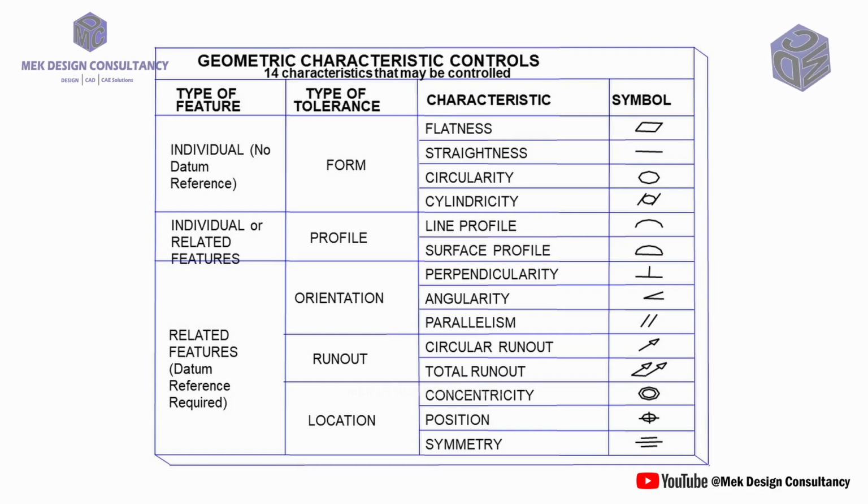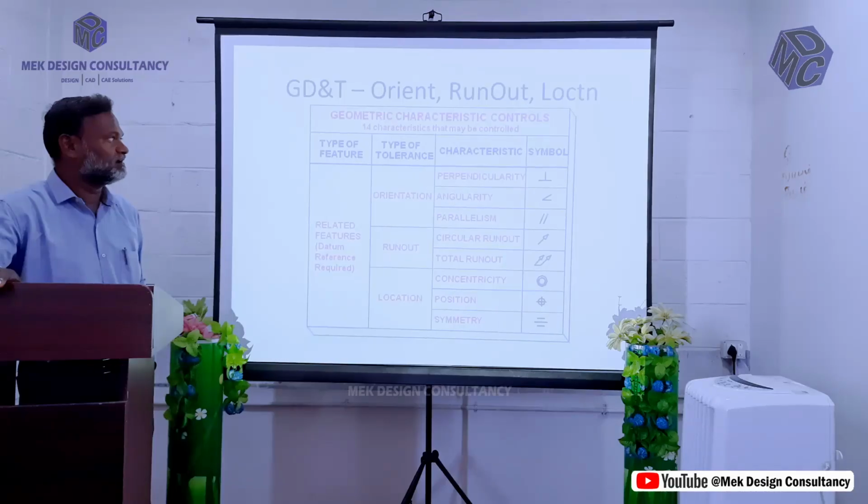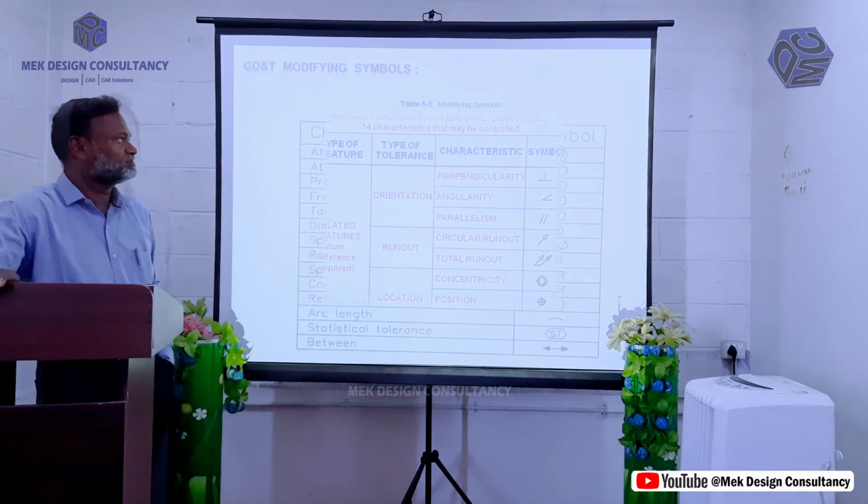Types of tolerance are orientation tolerance, runout and location. Orientations may be perpendicularity, angularity and parallelism, and runouts may be circular runout and total runout. Then the location may be concentricity, position tolerance and symmetry. So these are all the basic GD&T symbols used in industries.